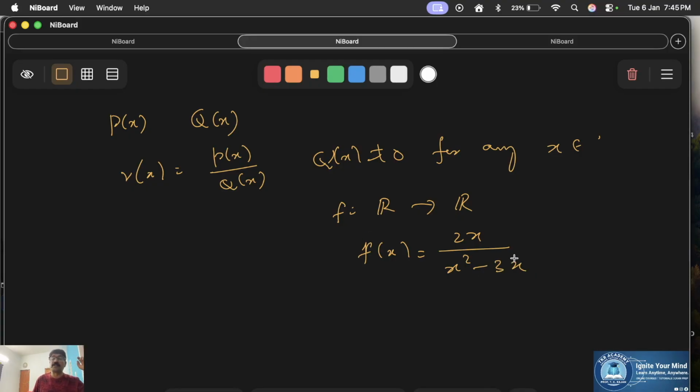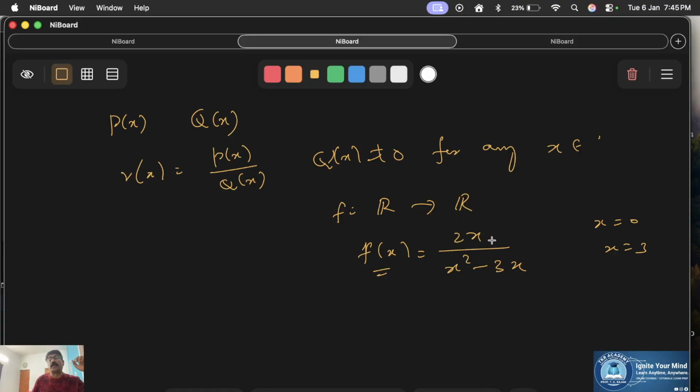Question, is it a function or not? Here you can see that this denominator is 0 when x is equal to 0 and x is equal to 3. But for x equal to 0, we'll be seeing later in calculus that this function has a particular value. That value you can find afterwards.